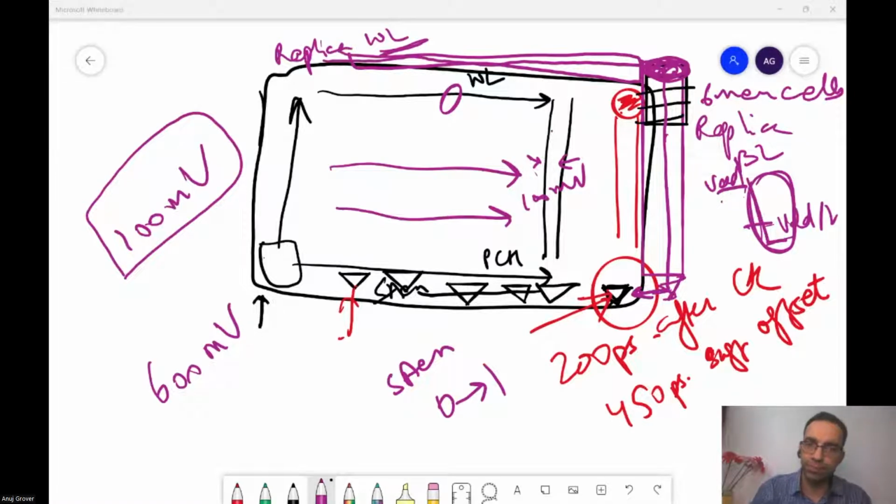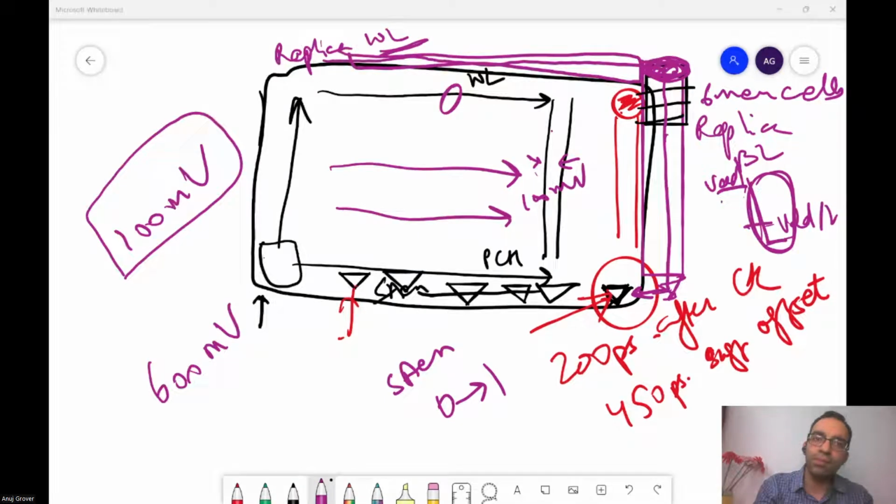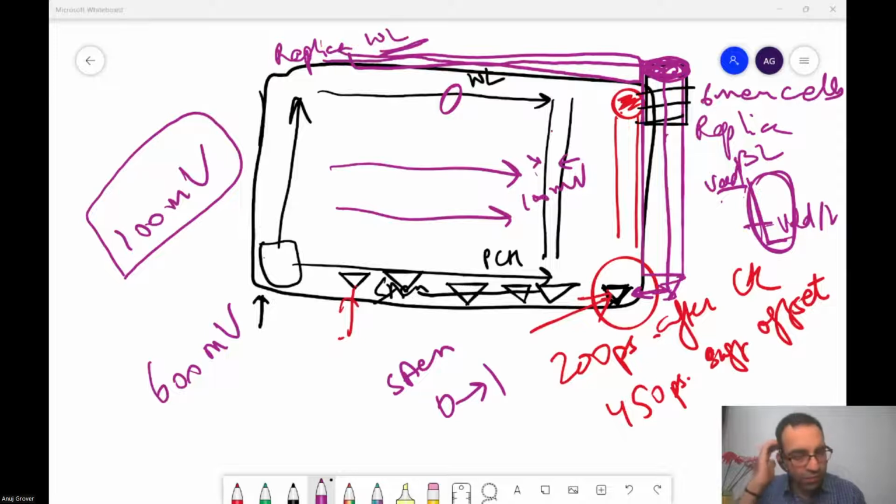The motive is we have to bring SAEN before this 100 millivolt is discharged in the worst cell, right? Yes, we want that. Whenever sufficient discharge is generated, then only then SAEN should come.